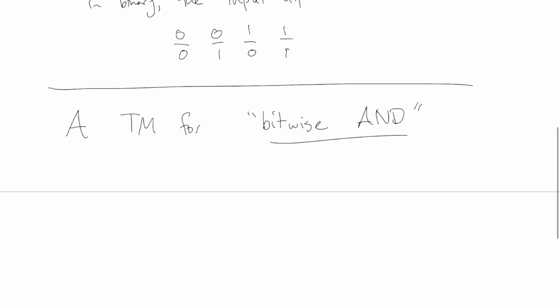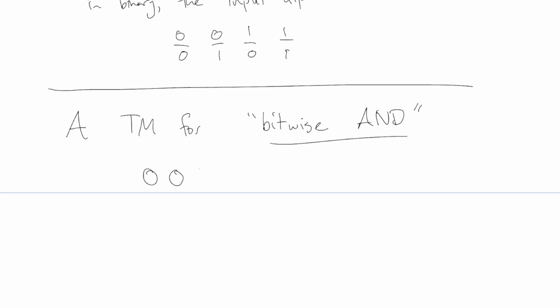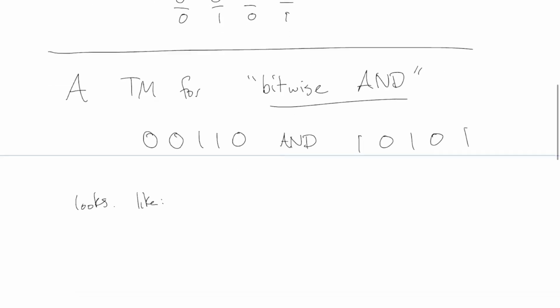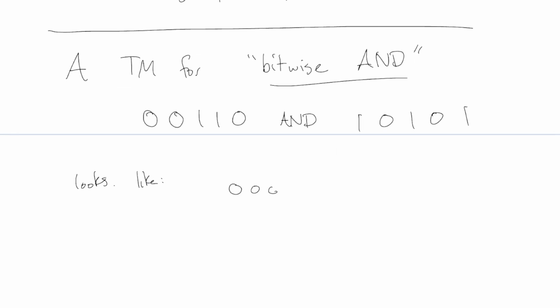All right, so the idea is if I have something like 0, 0, 1, 1, 0, and 1, 0, 1, 0, 1, you line them up bit by bit, and then you combine each bit using the operation AND. So if I were trying to do this by hand, I would line them up 0, 0, 1, 1, 0, 1, 0, 1, 0, 1, and then I do something like this.